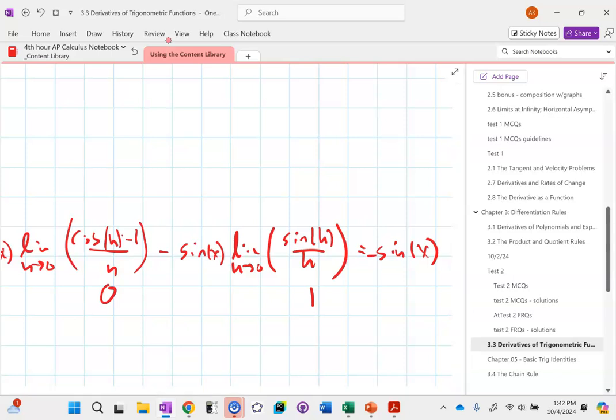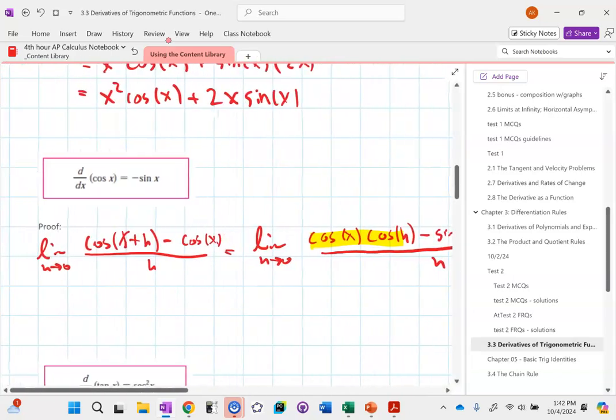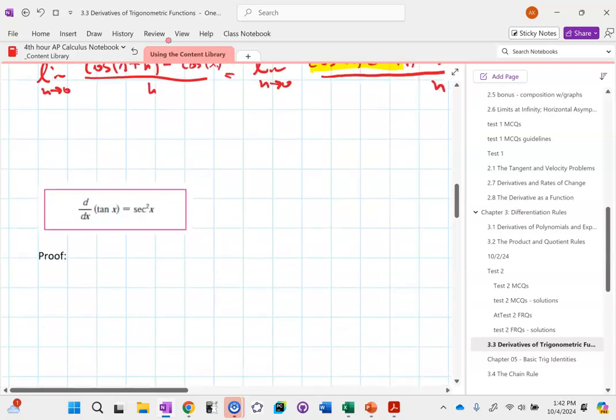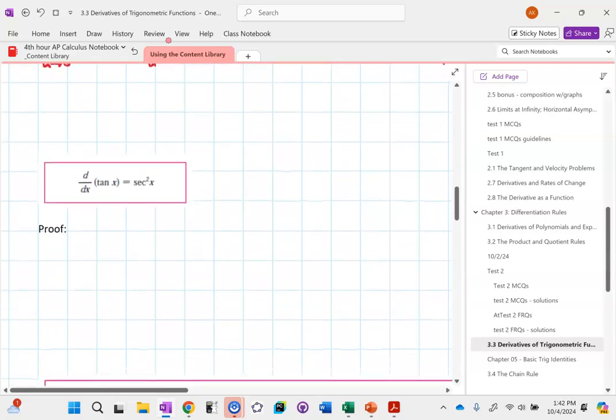So far, so good. Now, the derivative of tangent is secant squared. Let's do that proof. But to do this, I'm not going to use the limit definition because I remember tangent is the same as sine over cosine.